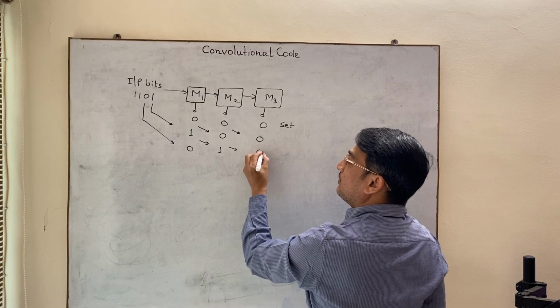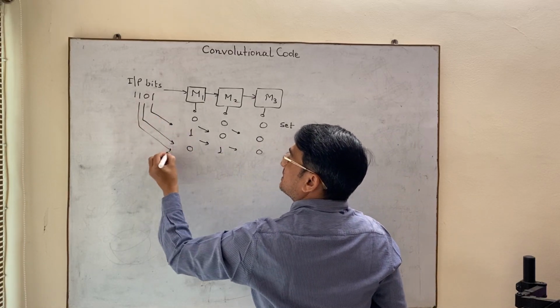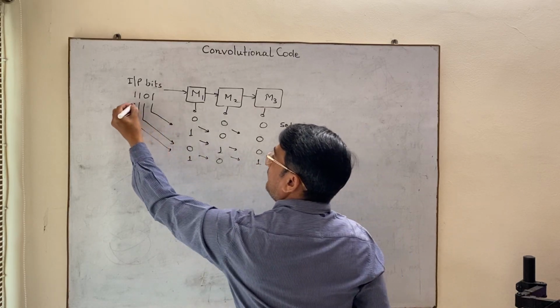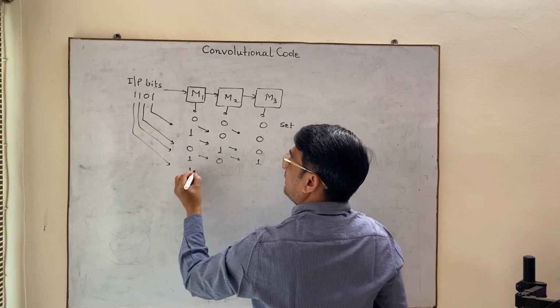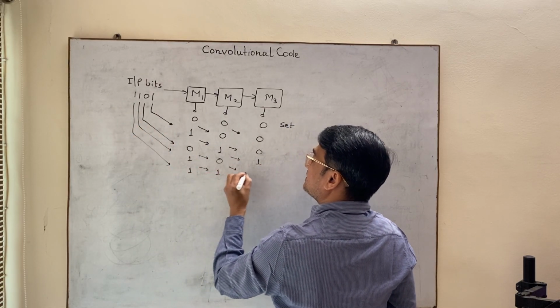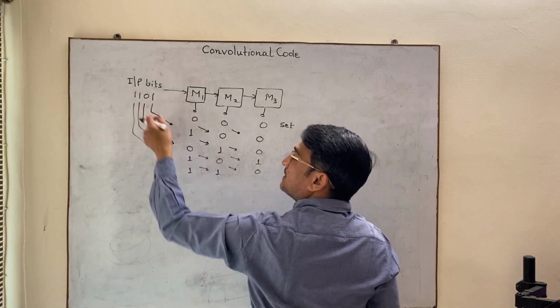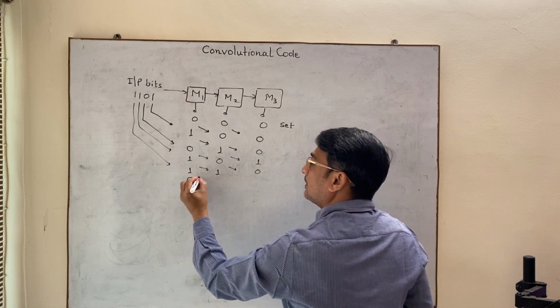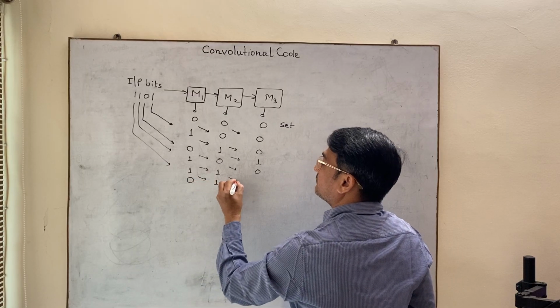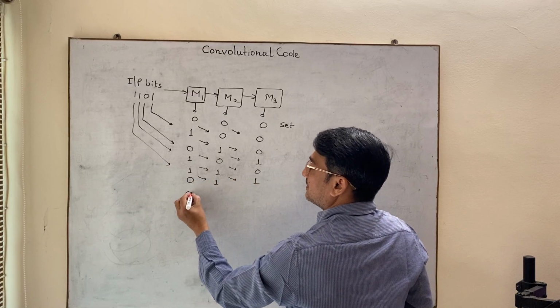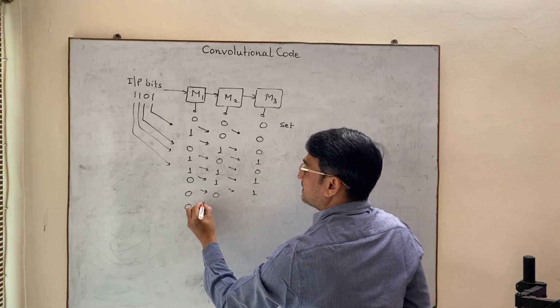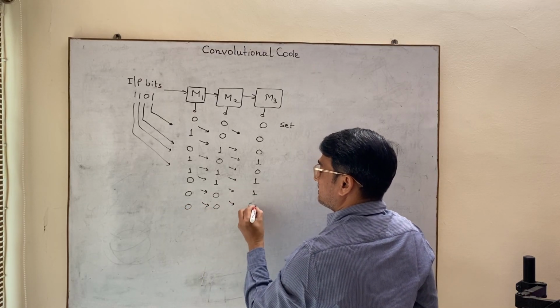Sorry, this will be 0, and then this is 1, this is 0, this is 1, then this 1 will come here, this 0 will come here. Now all the bits have entered, the first flip-flop will now be set to 0. This 1 will come here, this 1 will come here, this will remain 0, this will be 0, this is 1, this is 0, this is 0 and this is 0.